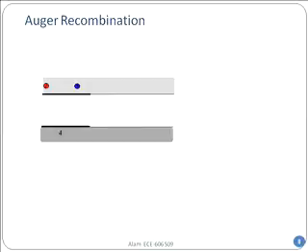But if the density of electrons is very high, then there is an extra mechanism in which the two electrons from the conduction band, shown here as number 2, the red, and the blue, which is difficult to see, they bump against each other, and one electron goes down in the valence band, right, and finds the empty hole, recombines there, and the other electron goes up.